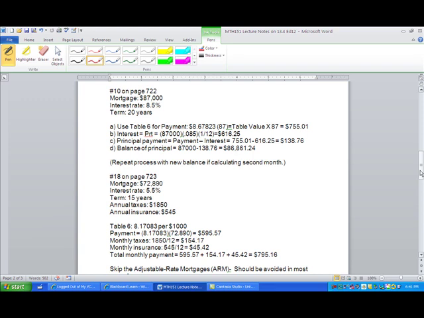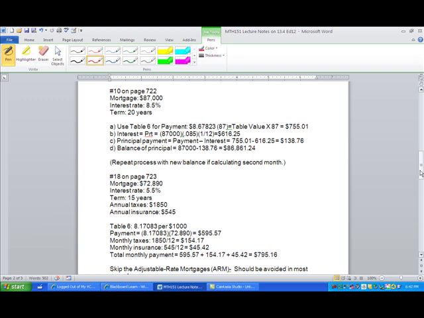Okay, so we have number 10 on page 722. This time there's a mortgage of $87,000. The interest rate is 8.5%, and the term is 20 years. So the first thing we are to calculate is the payment.